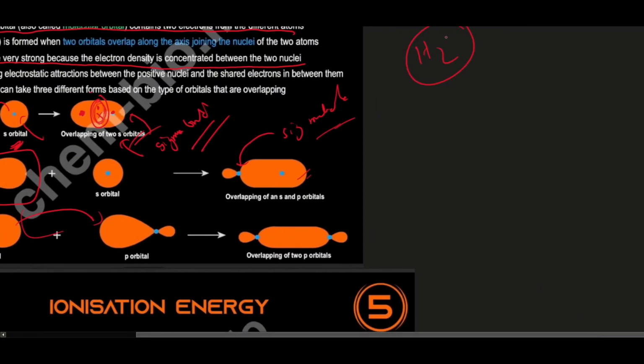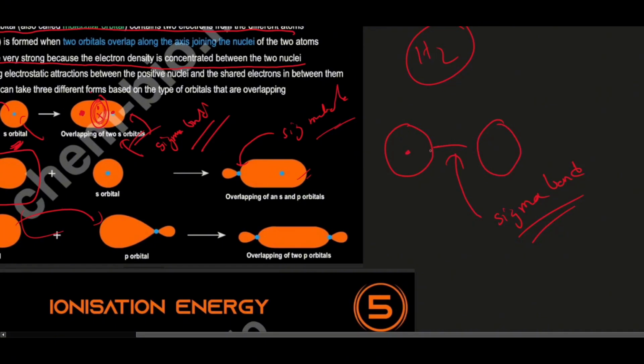Hydrogen is a diatomic molecule, right? So what is this bond down here? This is a covalent bond, and this is an example of a sigma bond. Obviously, s orbital, right?